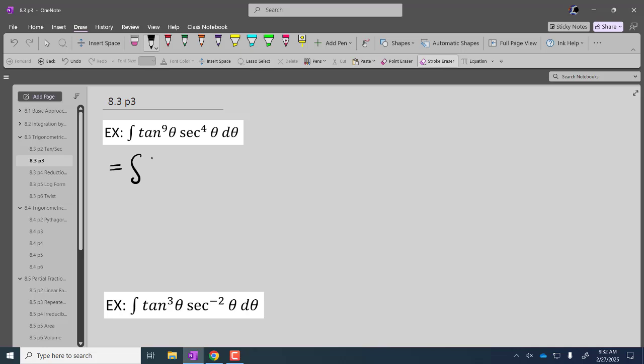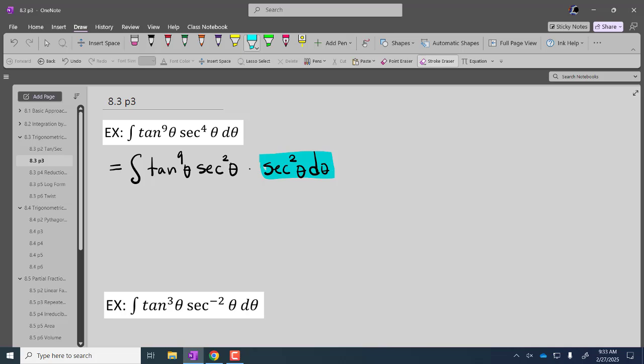So here I know that one of the rules says if secant is to an even power, we're going to pull off a pair and stick it with the differential. So let's suppose we've done that. We see that it's squared, but what is our plan? What would we want to let u equal if we put secant squared in that box? Tangent, right? Because the derivative of tangent is secant squared.